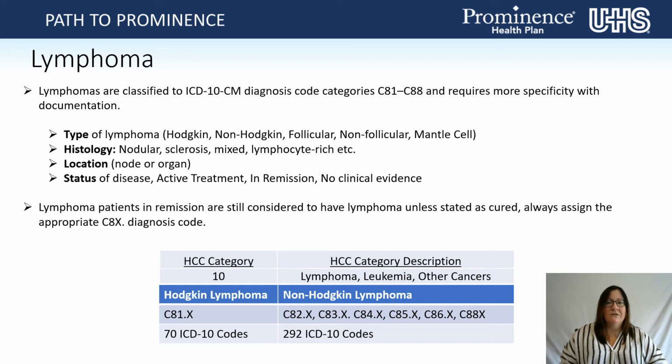Is it nodular sclerosis, mixed, lymphocyte-rich, etc.? The location, whether it's in the lymph nodes or organ, and then the status of the disease: active treatment, in remission, or no clinical evidence. Lymphoma patients in remission are still considered to have lymphoma unless it's stated as cured, so you'll always assign the appropriate diagnosis from the C8X category.